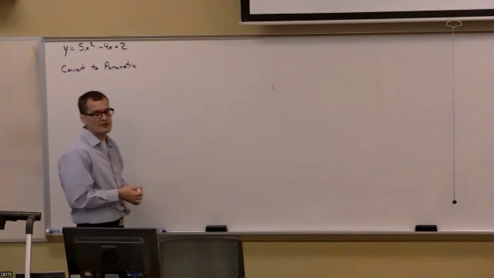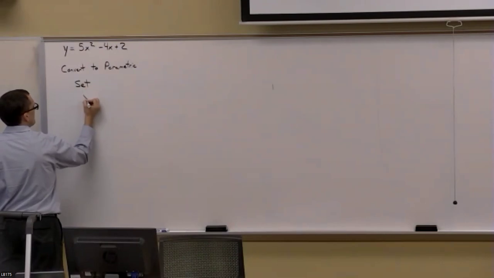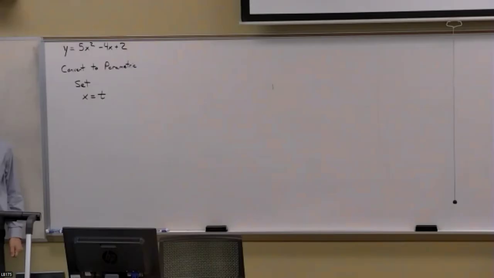So what I can do here is, well, the easiest thing to set is set x equals t. That's an equation where I input a value of t, I'll get out a value of x.